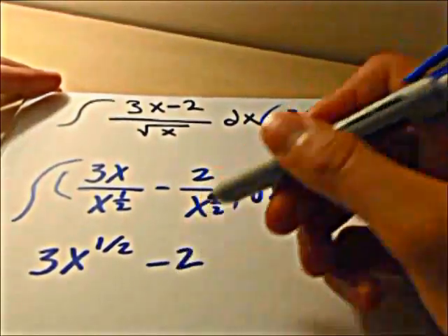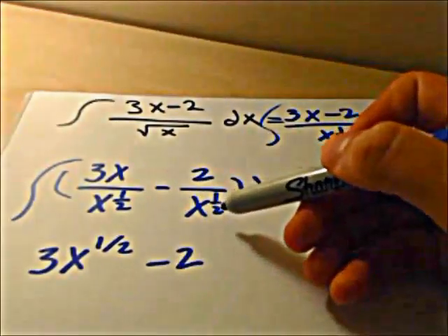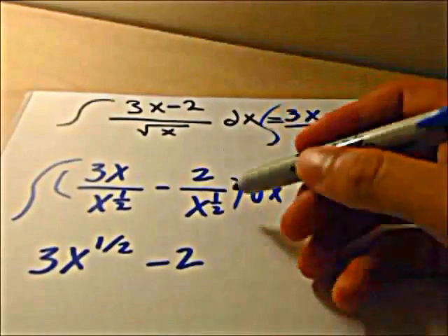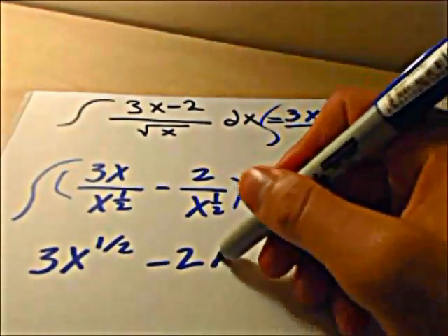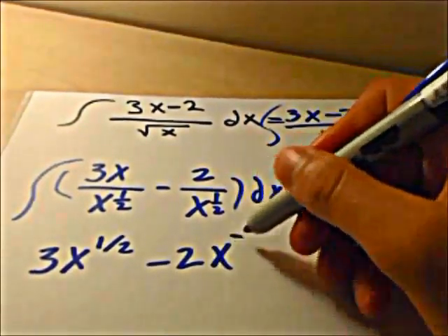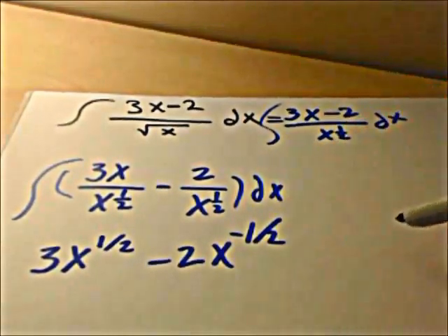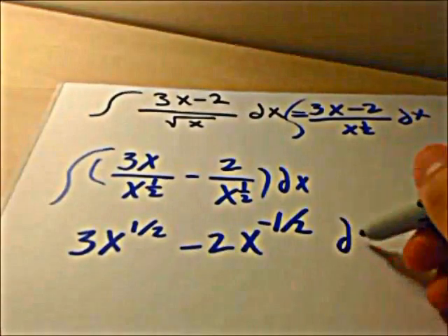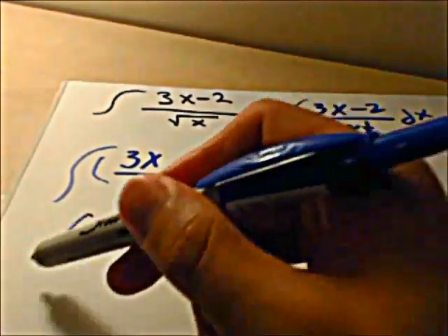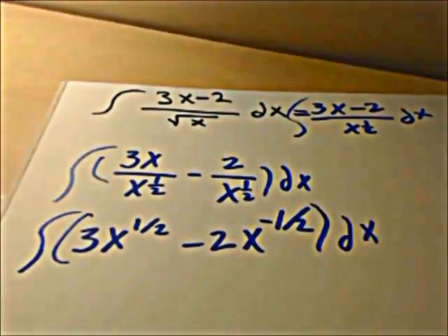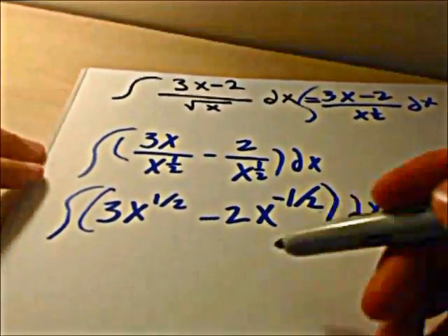Same thing here: the x in the denominator goes up to the numerator with the opposite sign, so instead of x to the power half, it's x to the power minus half, and then dx. I always forget the integral sign because I like to solve in a fast way.